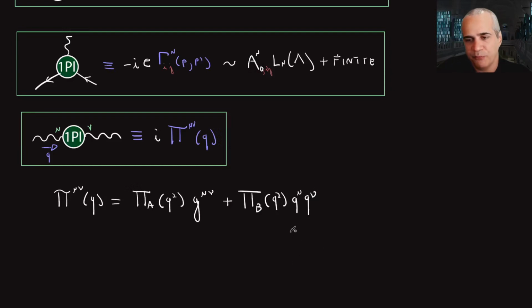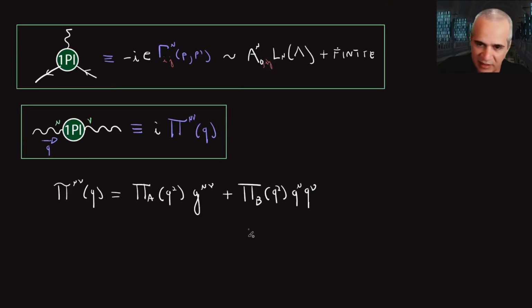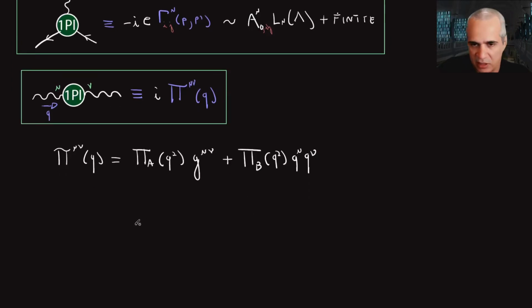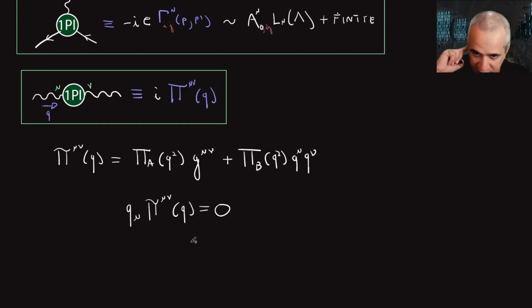But now I can use Ward identities. So one of the exercises I gave you in the previous video was to prove that this is 0. This is very similar to the Ward identities, but I don't need this photon to be on shell.